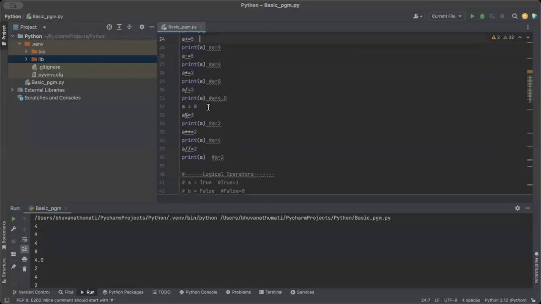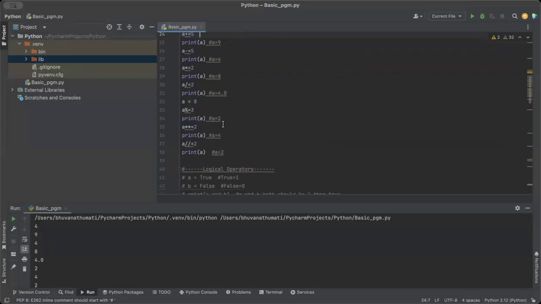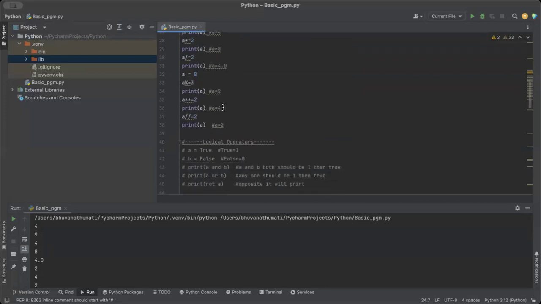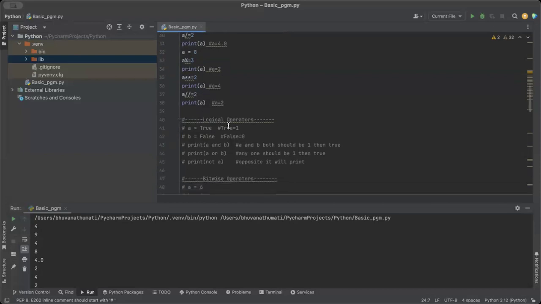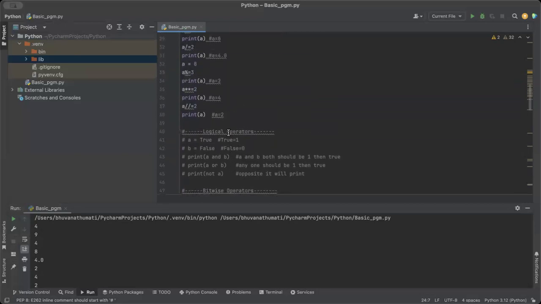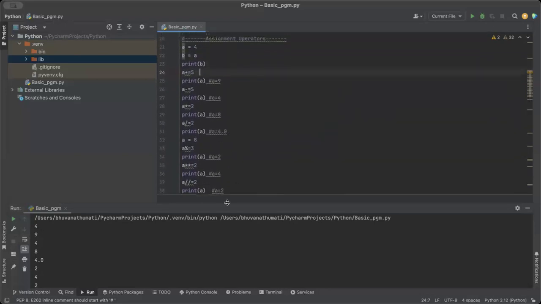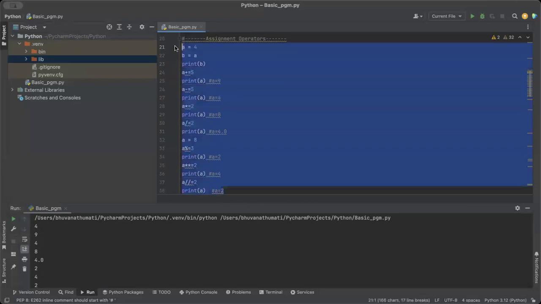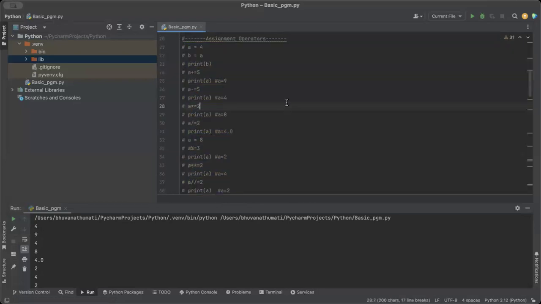Now I have considered A equals to 8. 8 modulus 3, output will be 2, so A is 2 now. 2 power 2, A equals to 4 now. Floor division 2, so A is 2 here. So these are assignment operators. Let's comment this.